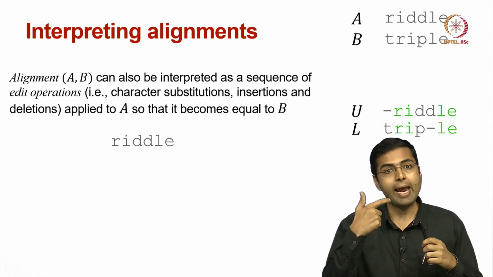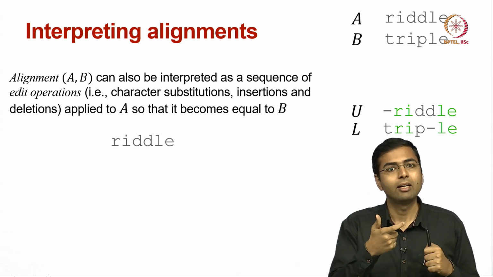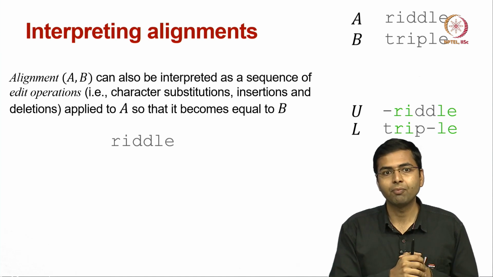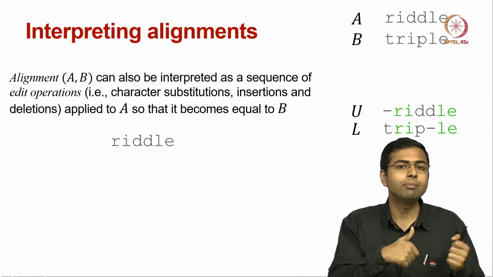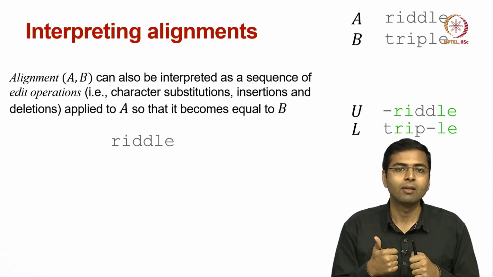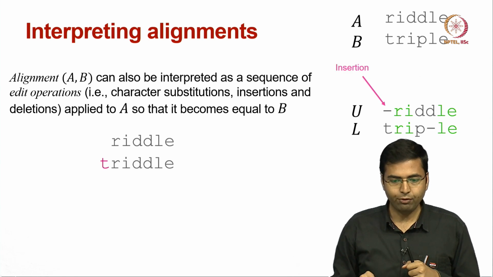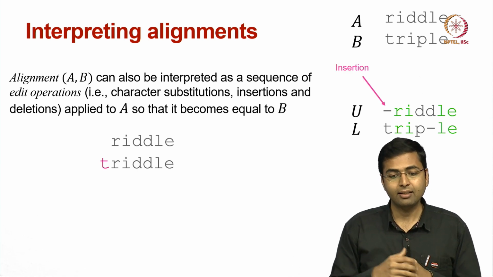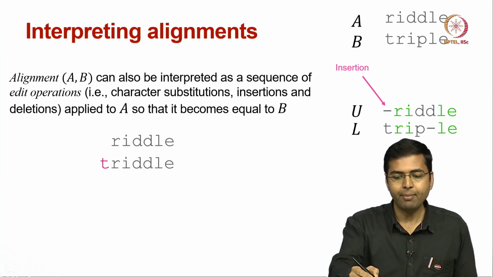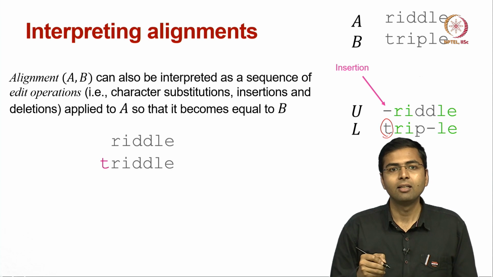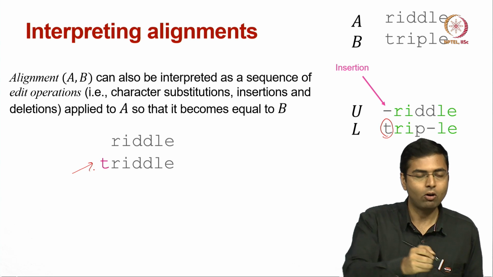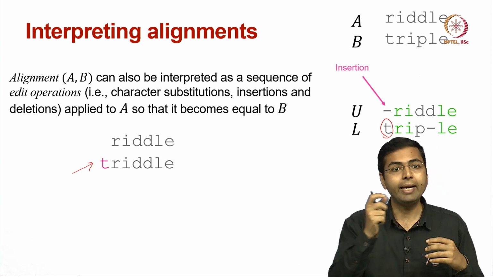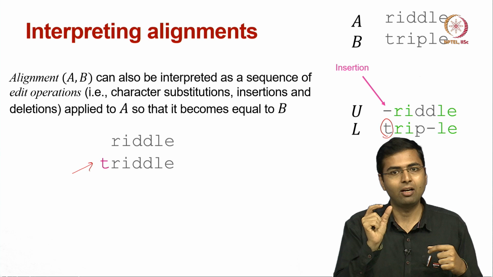That is, when I say edit I mean character substitution or insertion or deletion, and these edit operations are applied to sequence A so that it becomes equal to sequence B. So, for example, the first edit operation in this alignment is an insertion operation. I am adding symbol T at the first position of the sequence, so I am making an edit operation on the sequence riddle and adding symbol T at the first location.